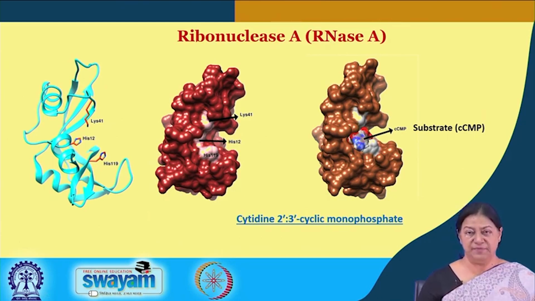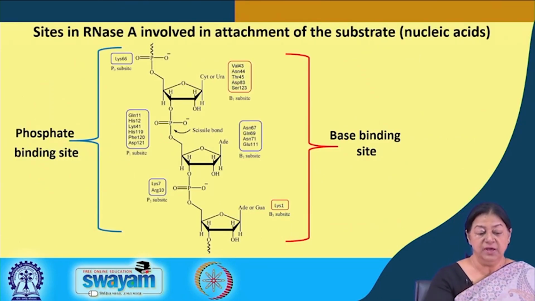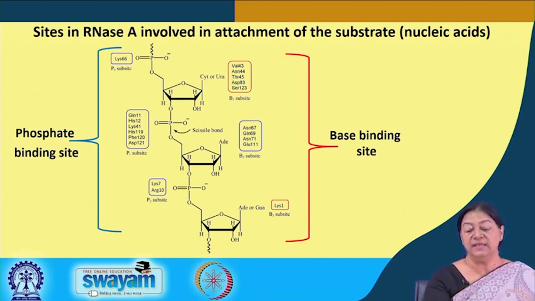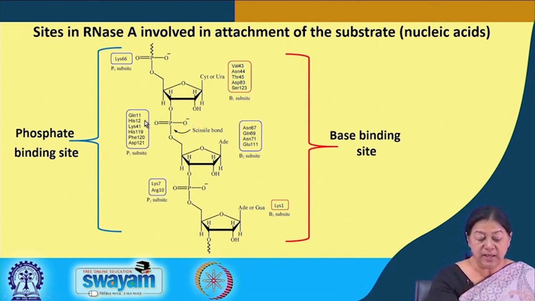If we go a step further, a bit of chemistry: if we look at the sites in ribonuclease A that are involved in the attachment of the substrate, which is a nucleic acid, this is RNA. We will see that histidine 12, histidine 119 and lysine 41 that we talked about are in what is called the phosphate binding site.